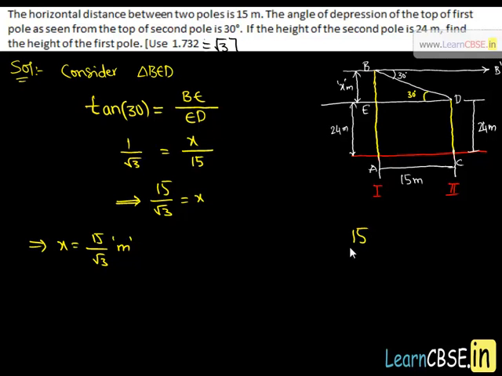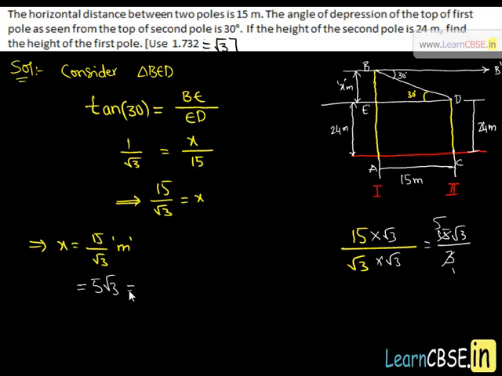Then we get numerator is 15 root 3 and denominator is root 3 times root 3 is 3. 3 is a common factor. So 3 goes in 15 5 times. We get the value of 15 upon root 3 is 5 root 3.